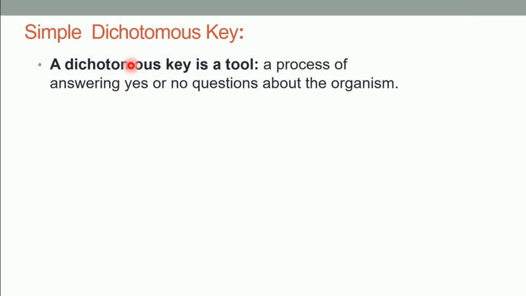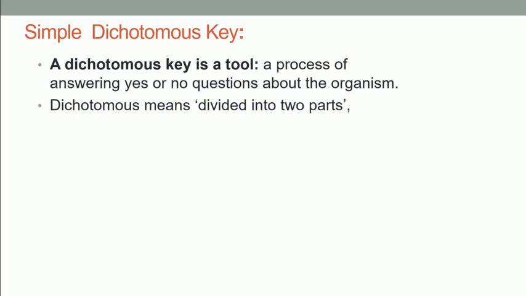So in a nutshell, a dichotomous key is a tool used by biologists to identify an organism in a group through a process of answering yes or no type questions about the organism. Dichotomous means divided into two parts, and each question about an organism leads to two choices.